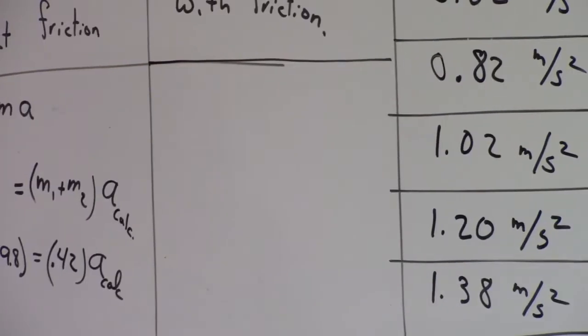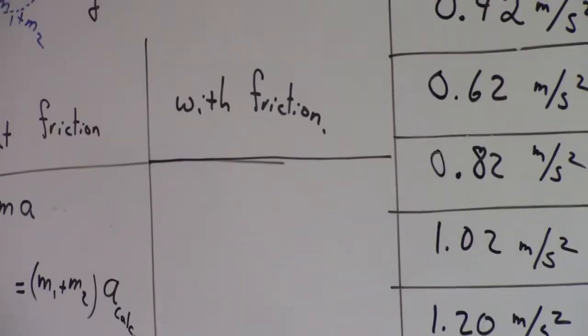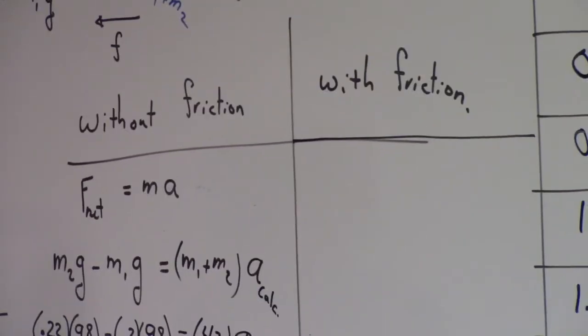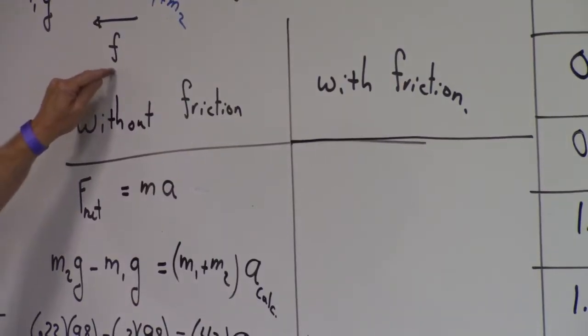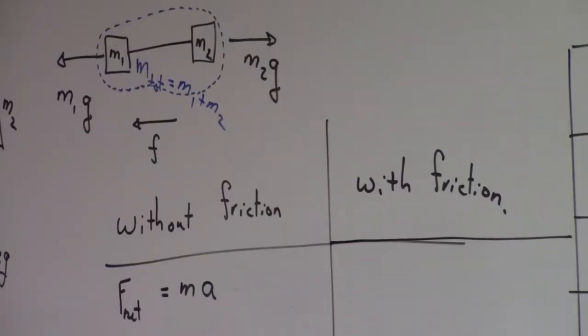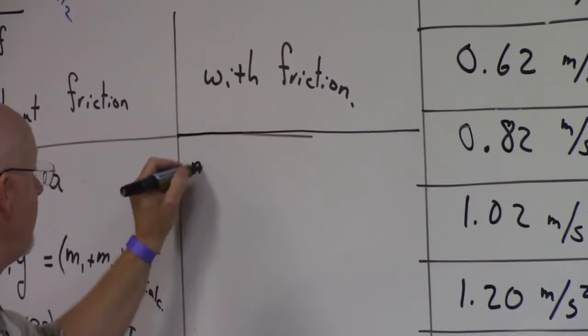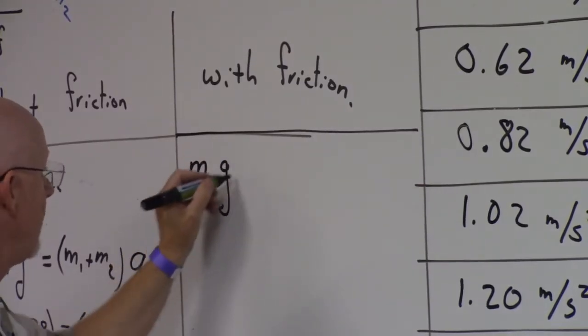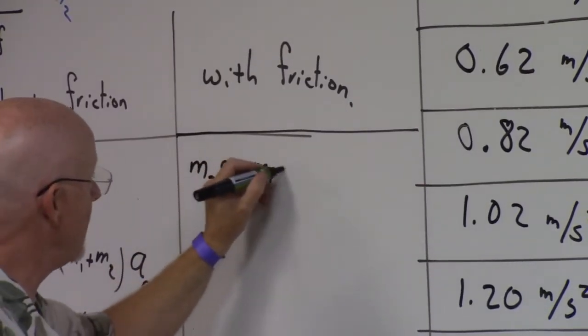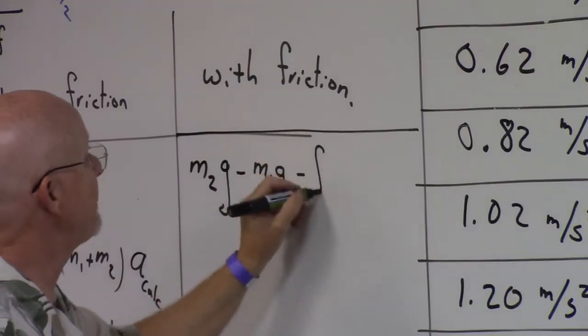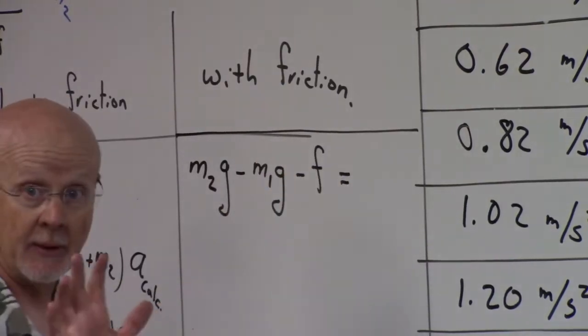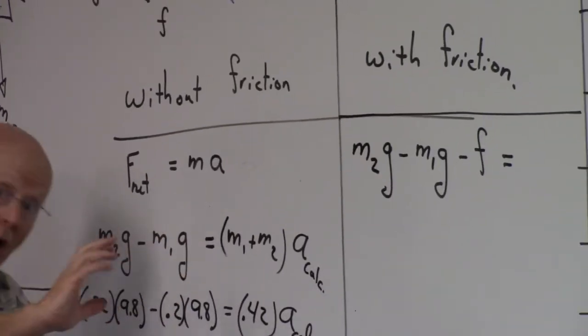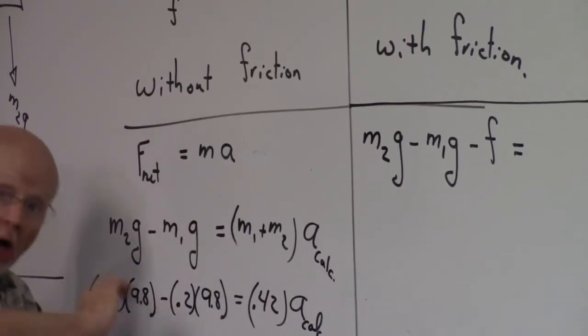And I would say it would almost look like this, except it would have one more force, the friction. So it would look like this. It would say M2G minus M1G minus friction equals. Let me pause right there. See, that's the difference. Newton's second law always says you must add up all the forces.